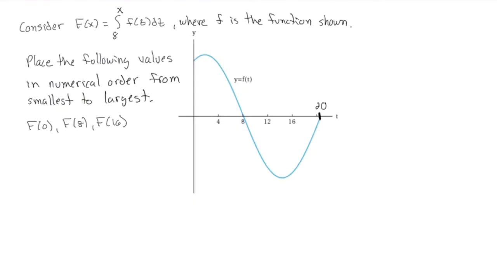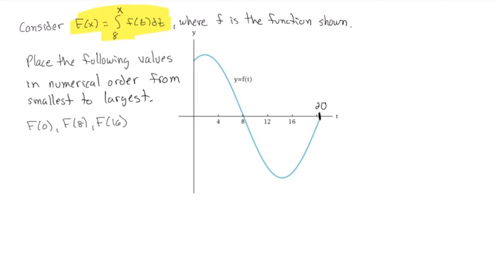Let's take a look at one last example, which combines all of these ideas we've been discussing in this video. In this example, we have an integral defined function, defined as cap F equals the integral of little f of t from 8 to x.